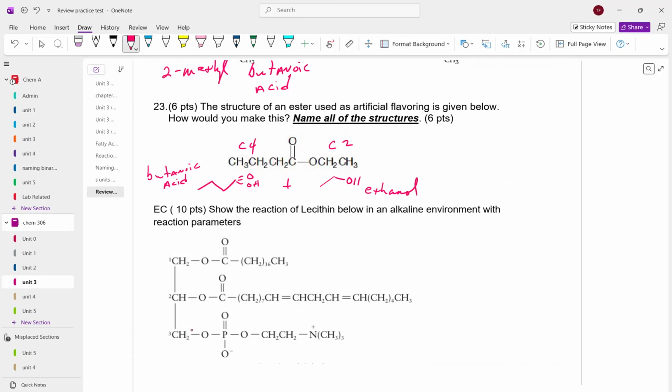Now this down here is extra credit. So we've got lecithin again, and in an alkaline environment, the esters are going to saponify. So those will go to the acid salts.